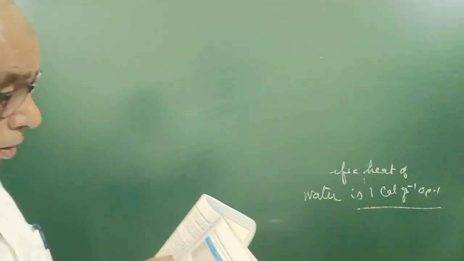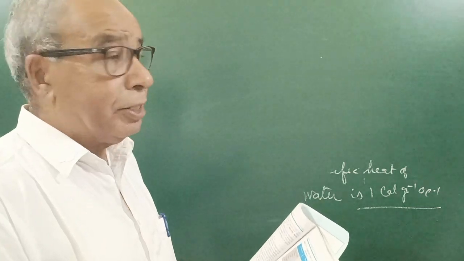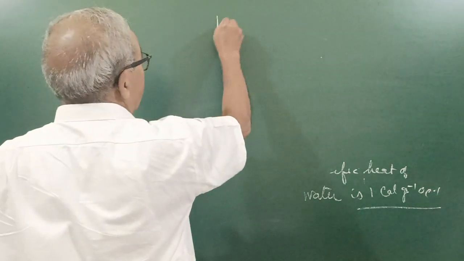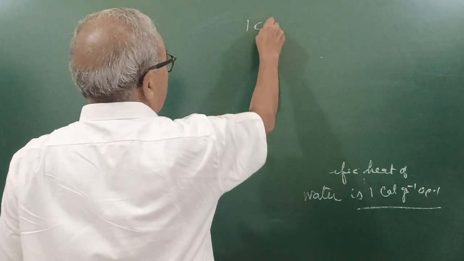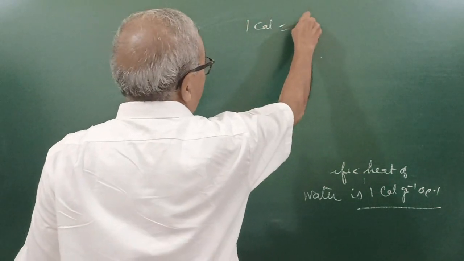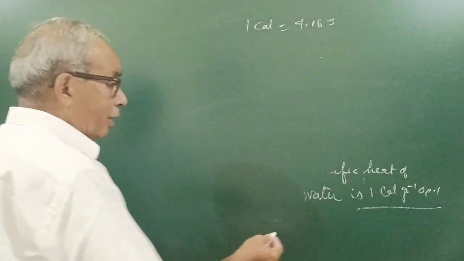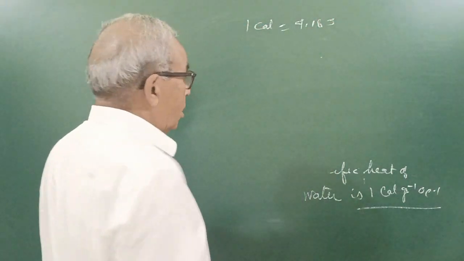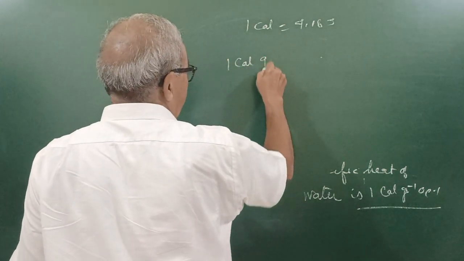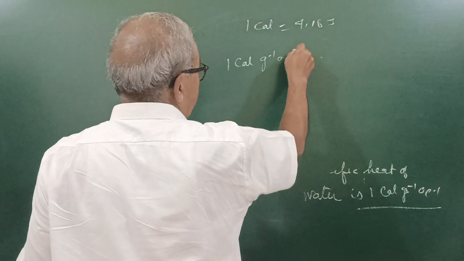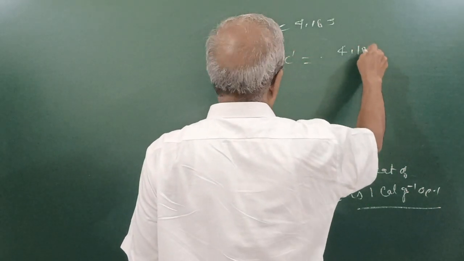Aluminium 900, and for water 4186. I told you that 1 calorie is equal to 4.18 joule. So we can convert 1 calorie per gram per degree centigrade as 4.18 joule.